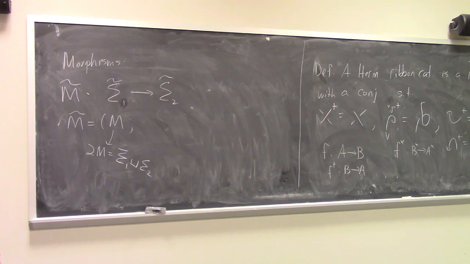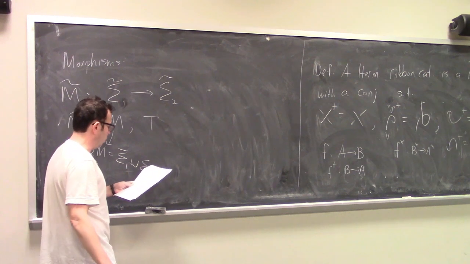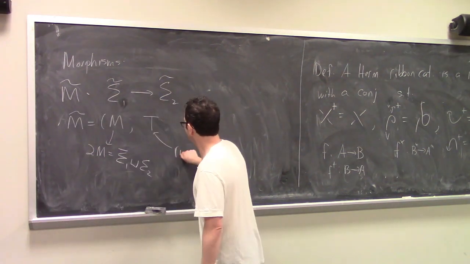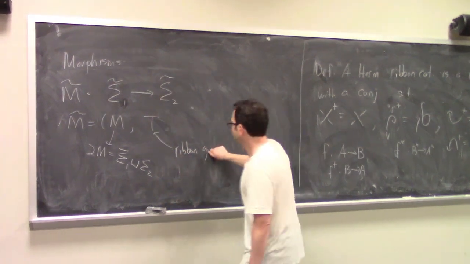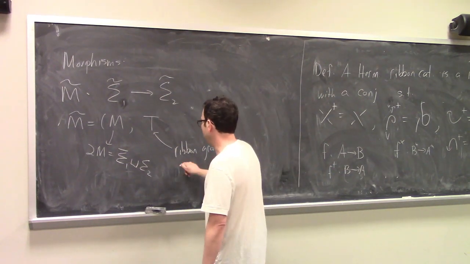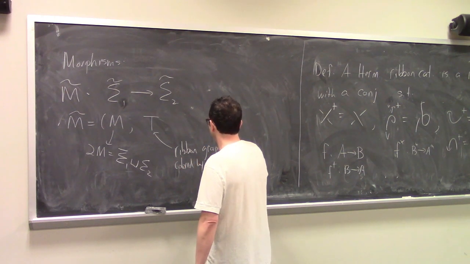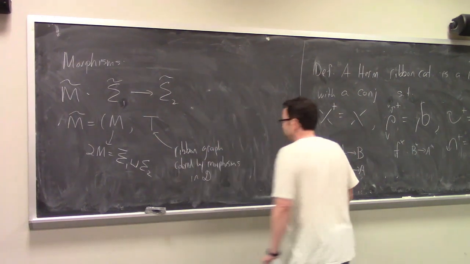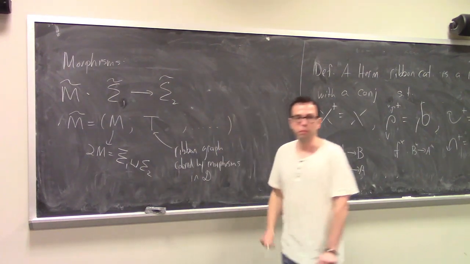It is a cobordism from sigma 1 to sigma 2, together with T, a ribbon graph. You're going to have to tell us what that is. Sure, and I'll draw a picture in a second. It is a ribbon graph colored by morphisms in this representation theoretic category, along with some other data which is not so important.